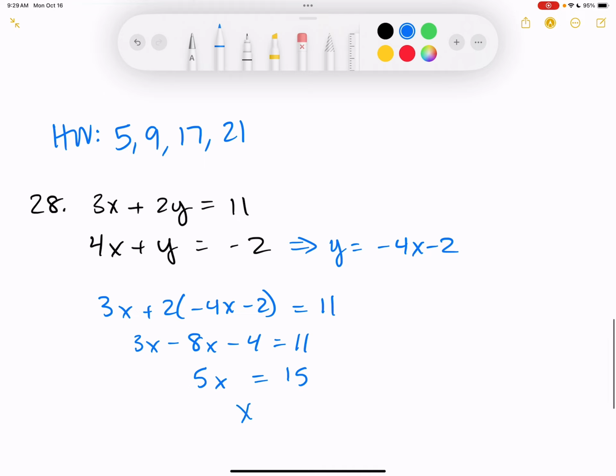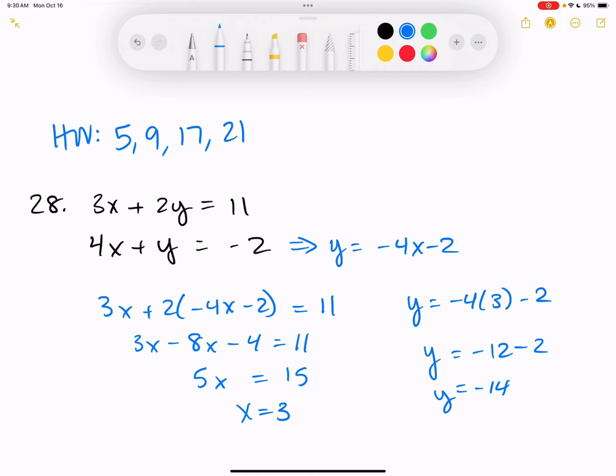So x equals 3. And then plug that into this modified equation. So y equals negative 4 times 3 minus 2. So y equals negative 12 minus 2, which is negative 14.